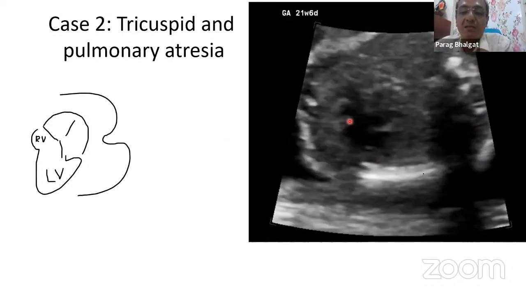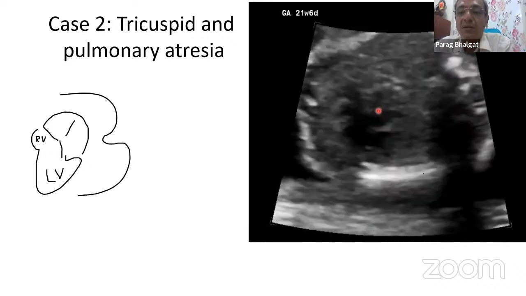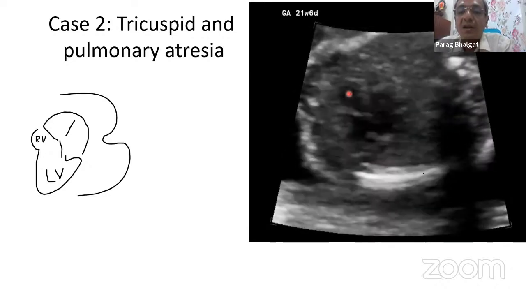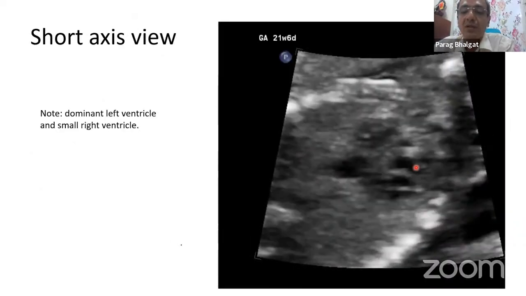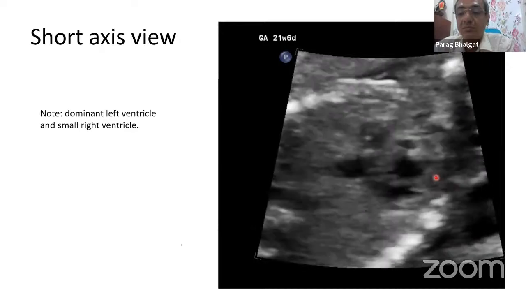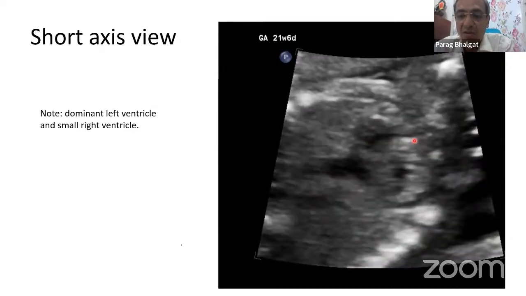Now another case. Now this is difficult imaging, but see, this is the left ventricle, very small right ventricle. This is small. Okay, this is LA. This is RA. I have just drawn the images for you to understand the orientation of the chambers. It's a very small VSD. A short axis view, big LV and very small RV.